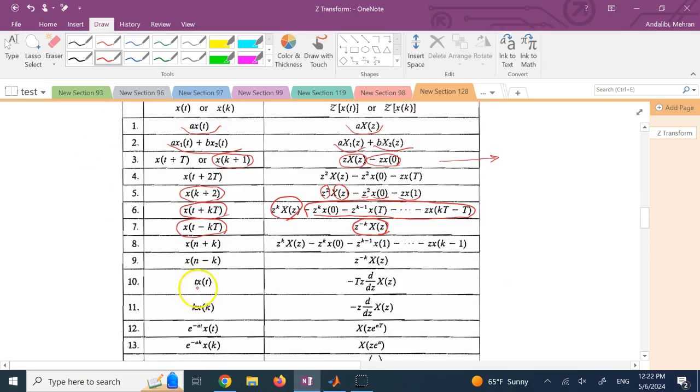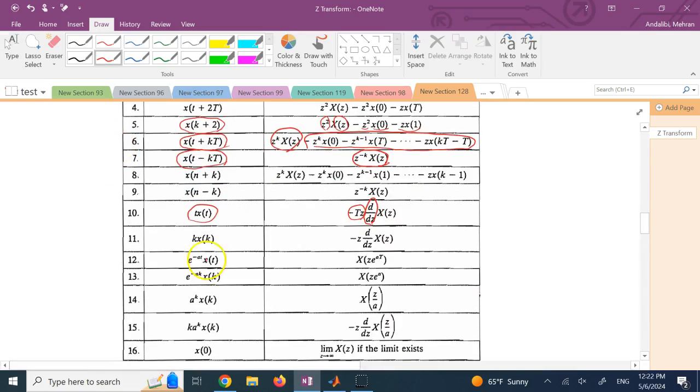Then if you multiply the signal by t, in the z domain you have to take a z derivative and multiply it by negative t z. If you multiply the signal by an exponential, then in the z domain you multiply z, the inner argument of the function, by e to the a.